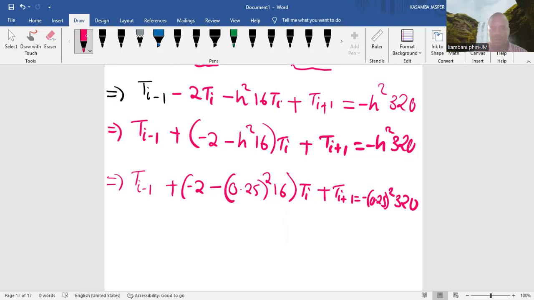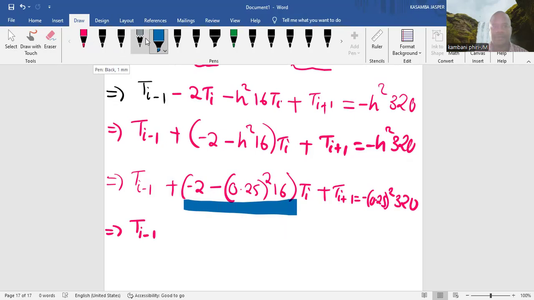So now we have ti minus 1. So what do we get here when we work this out? When you simplify, you can use your calculator. What are you going to get? The whole lot of this one will give you negative 3, the one that I've underlined here.